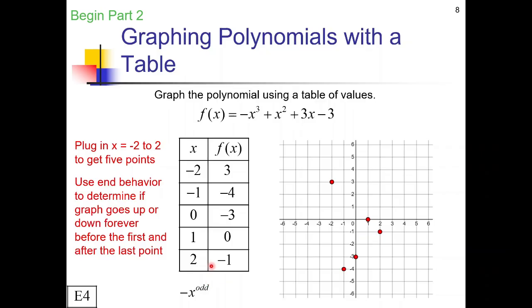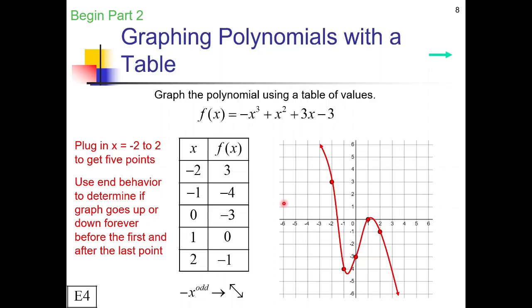That means I'm going to have a down line sort of end behavior, where I'm starting up here and ending down here. So graphing all that out, we're up here now, coming down from positive infinity, and we are going through all our points, and then going down forever, because we said we're ending at negative infinity for the function values.